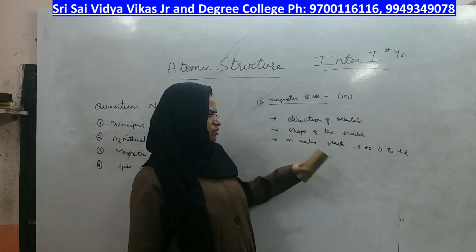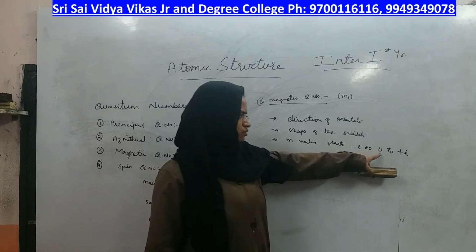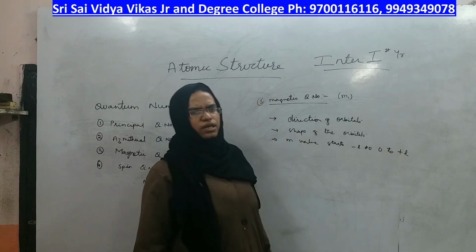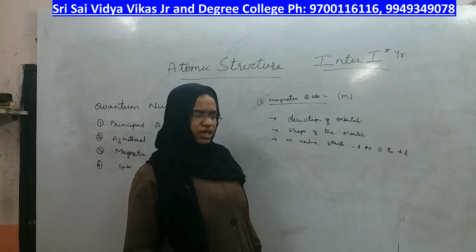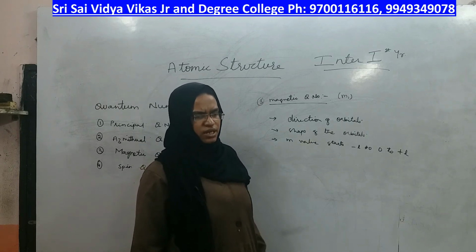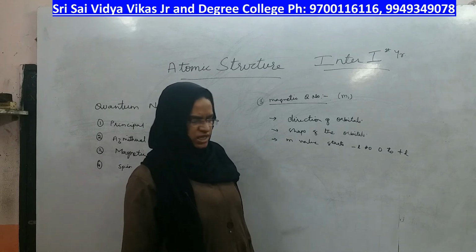The magnetic quantum number value starts from minus L, goes to 0 and then comes till plus L. The least value will be minus L and the highest value will be plus L. In between you will have the other integers, right?